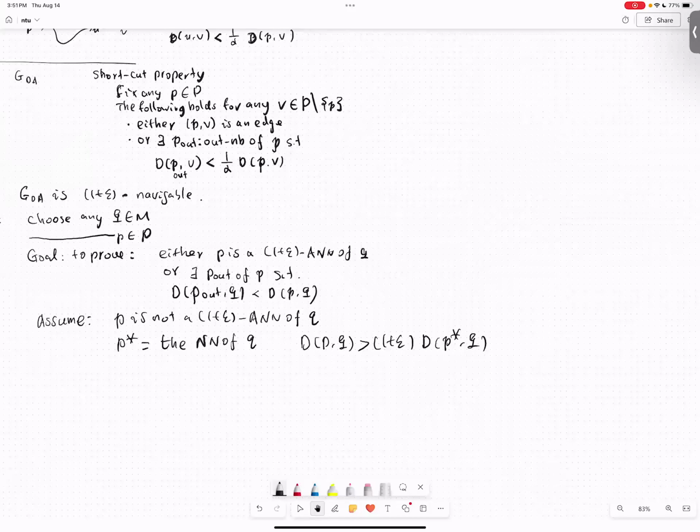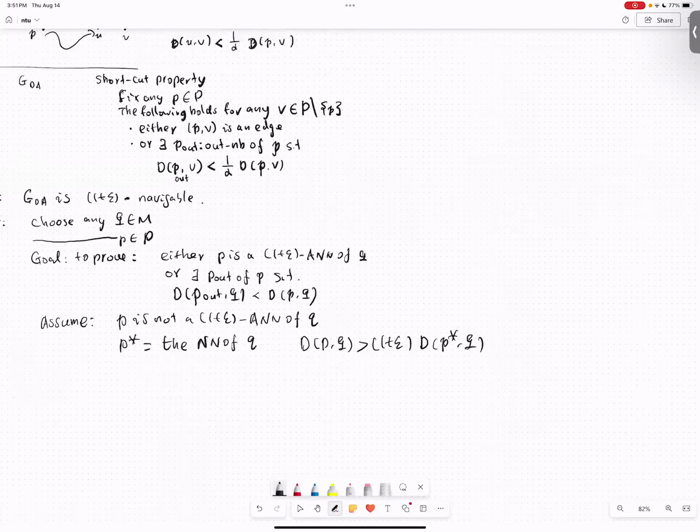Now we ask the question, do we have an edge from P to P star? If we indeed have such an edge, then we're done, because this will be our guy. You see what I mean?